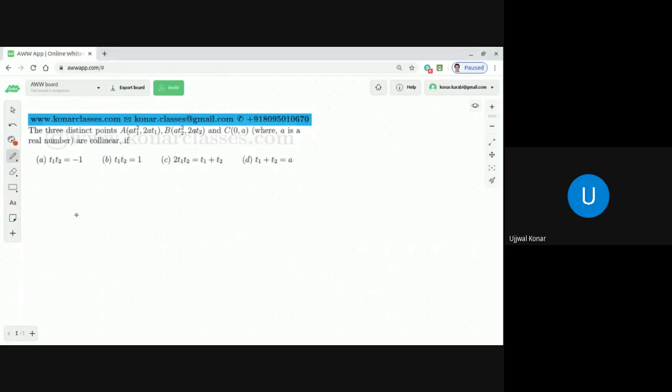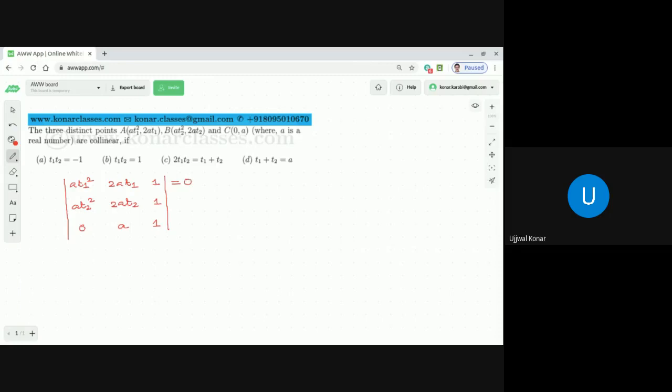So the condition for collinearity is that the value of this determinant has to be 0. What is the determinant? at1², 2at1, 1; at2², 2at2, 1; and 0, a, 1. The value of this determinant has to be 0.